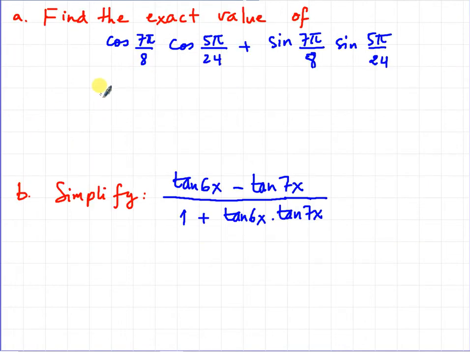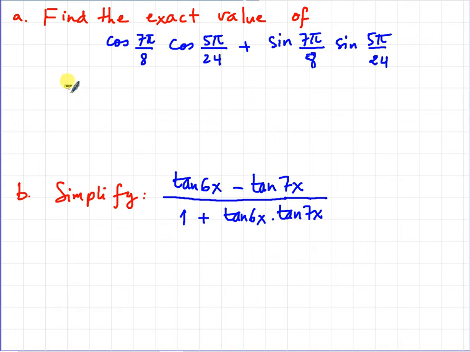In video number 2, the exercises were to find the exact value of this expression and to simplify this expression. Now, cosine 7 pi by 8 cosine 5 pi by 24 plus sine 7 pi by 8 sine 5 pi by 24. This is cosine, cosine, sine, sine.